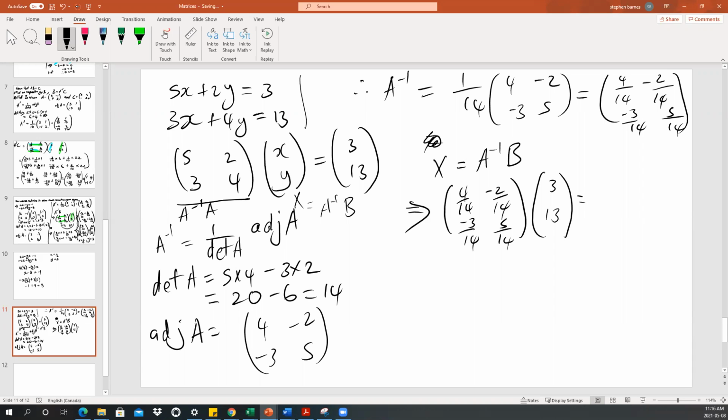Let us see if we can make it hold. So again, row, column. So we have 4 over 14 times 3 plus minus 2 over 14 times 13.